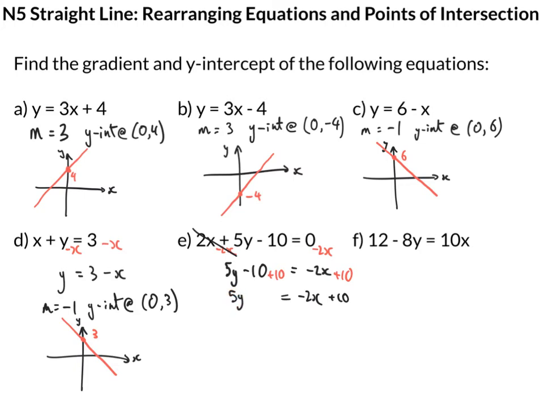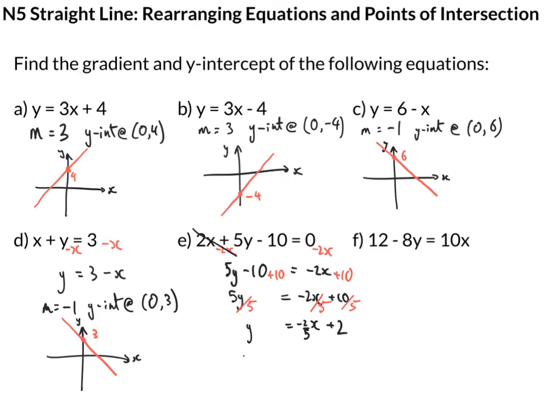I don't want 5y, I want y to be the subject, a single y. So I divide through the whole equation by 5. That tells me a single y will be equal to negative 2 divided by 5, which doesn't go, so I just leave that as negative 2 over 5 x. 10 divided by 5 will give me 2.